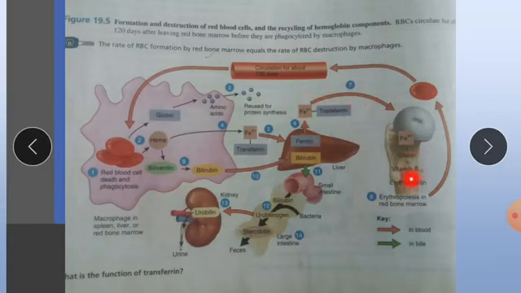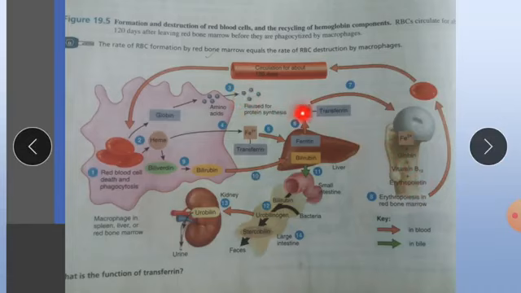Here in the long bones, especially the femur, humerus, radius and ulna, it is transported from the liver toward the red bone marrow of our long bones. There that Fe3+ is again utilized for the formation of red blood cells with the help of vitamin B12, erythropoietin, and globin.